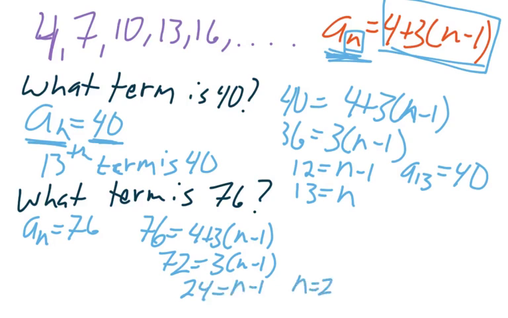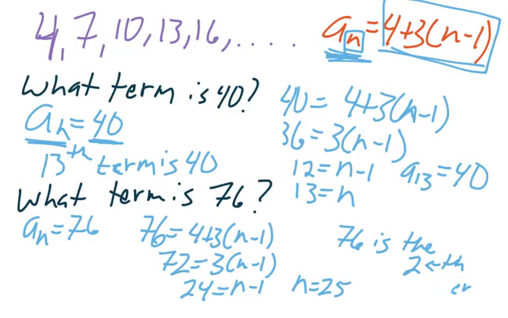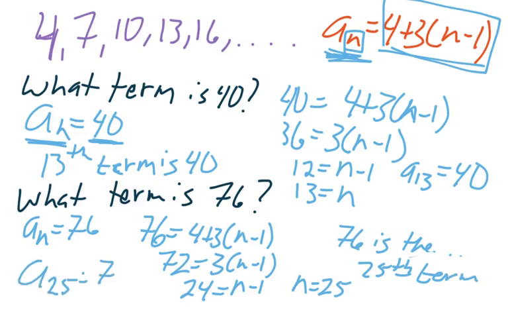So n is 25. So 76 is the 25th term. Let's write that better. 25th term. And again, we could write that a of 25 equals 76.